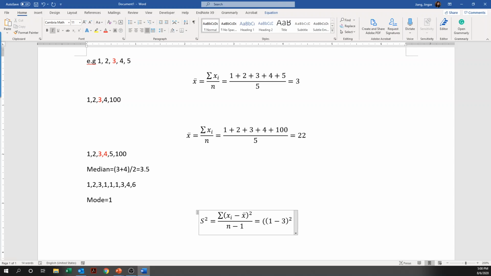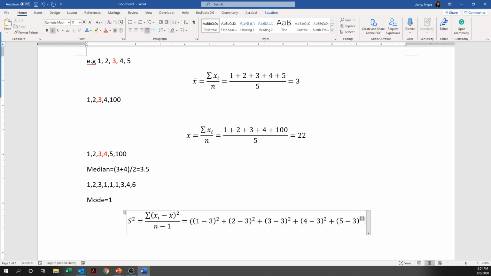This is the first squared difference. Then you do the same thing for the second observation, 2 minus 3 squared, plus 3 minus 3 squared, plus 4 minus 3 squared, plus 5 minus 3 squared.